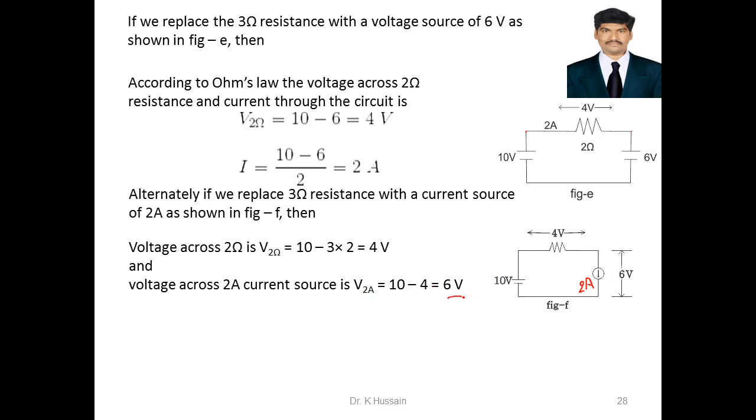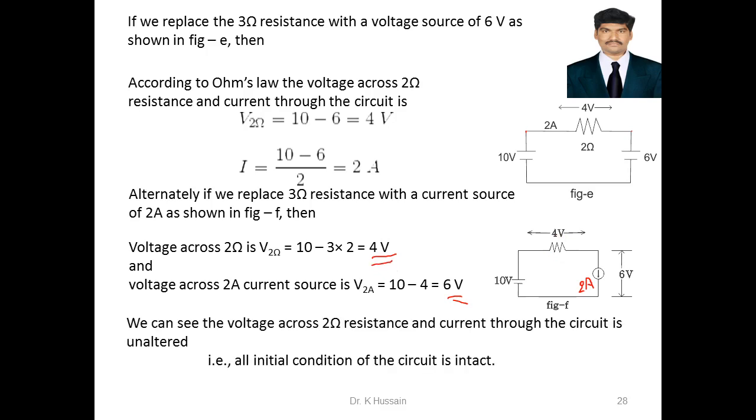Now you can see we got the values here. In this case, how much value is it? Again 6 only. So we got 4 volts here. Also in this case, again it is 4 volts. So in this way, in both cases we observe the voltage and current.